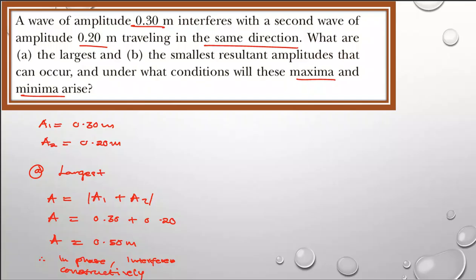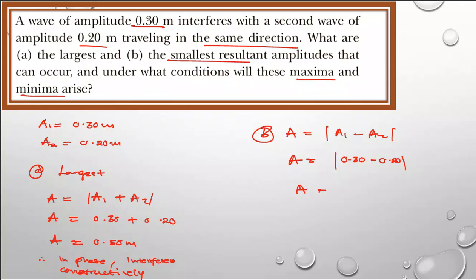Okay, then B, the smallest resultant amplitude is going to result from A1 minus A2, which is going to be equal to 0.3 minus 0.2.